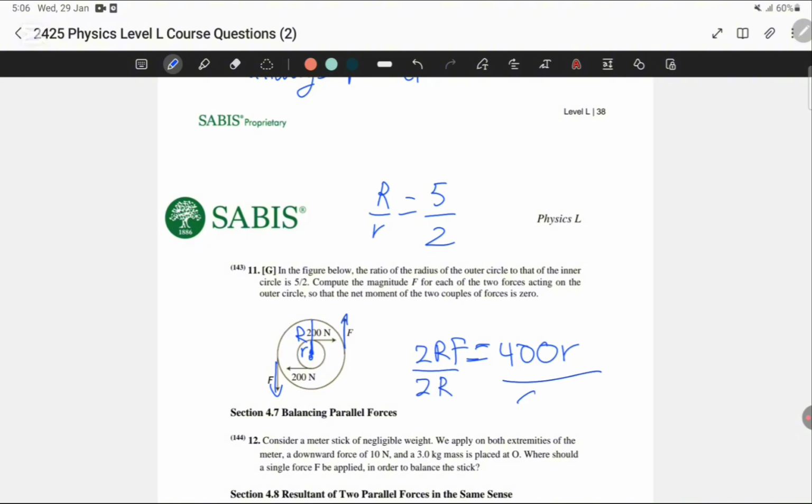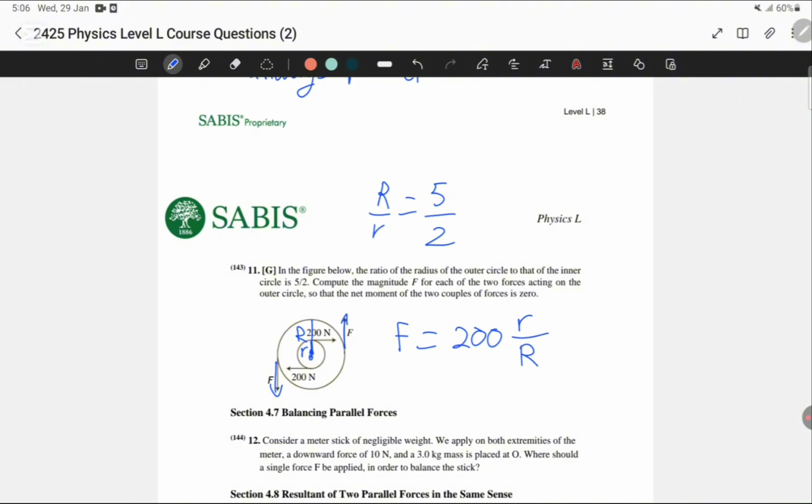F equals 400r over 2r. Dividing 400 by 2, it's going to be 200, so it's 200 r over R.